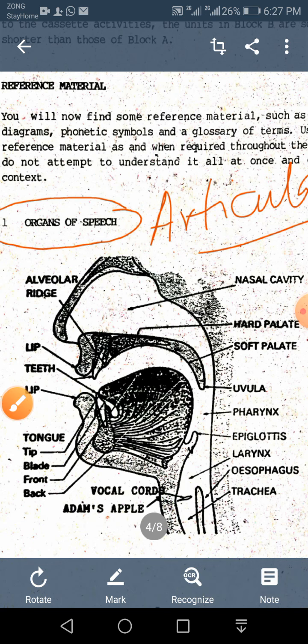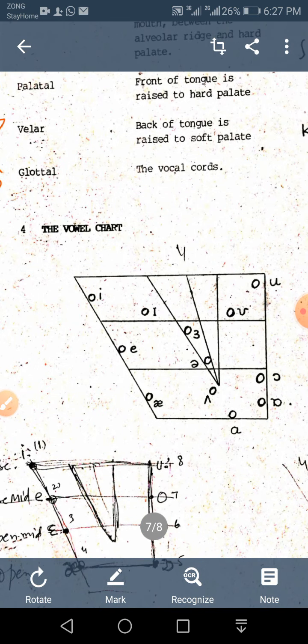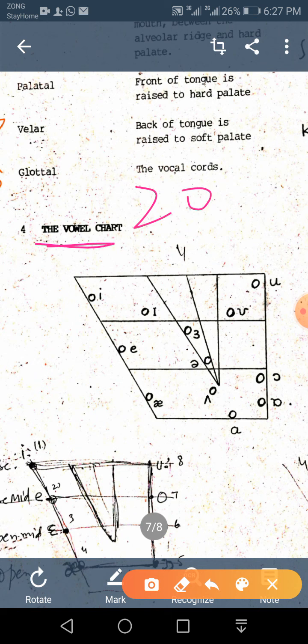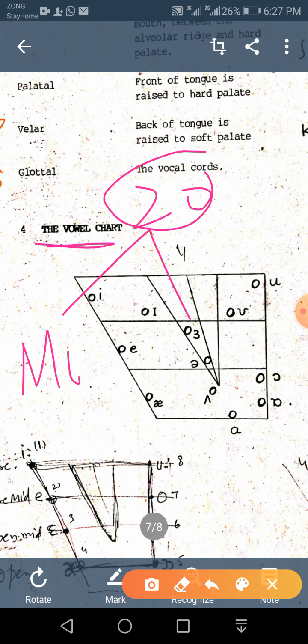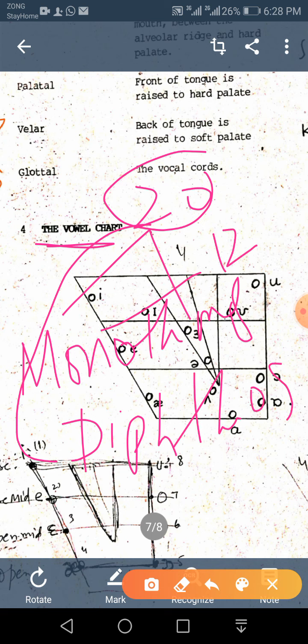So these are the kinds of consonants depending upon place of articulation, and this is a vowel chart. This shows only the monophthongs, because vowels are 20 and they are divided into two groups. One is known as monophthongs, and the second one is known as diphthongs. Monophthongs are 12 and diphthongs are 8.